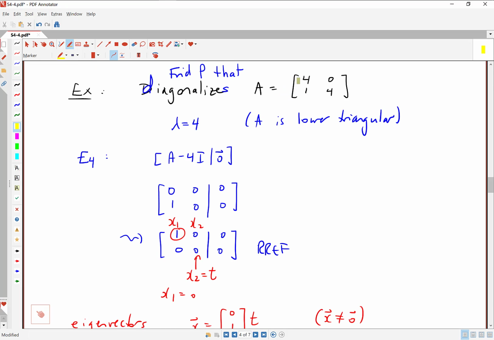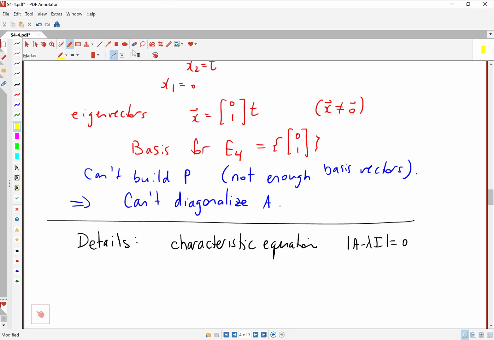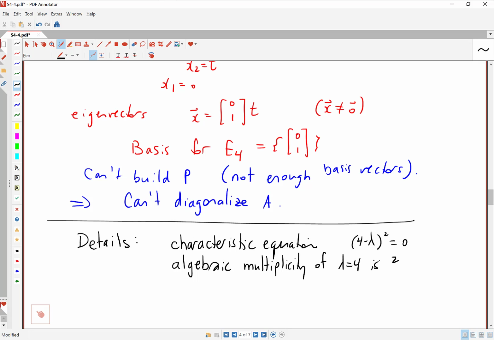Because A was lower triangular here, if you just subtracted lambda from the diagonal entries and then took the determinant of that matrix, you'd have (4 minus lambda) squared equals 0. So the algebraic multiplicity of lambda equals 4 is 2. Remember, algebraic multiplicity just refers to the exponent on the relevant factor in the characteristic equation.